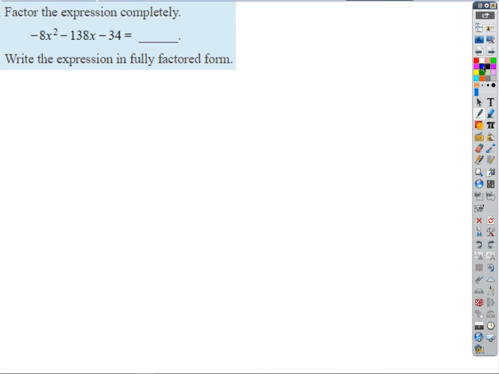Take out a what? Negative 2, good. It's got to be negative because the leading term is negative, right? What does that leave me with? 69x plus.